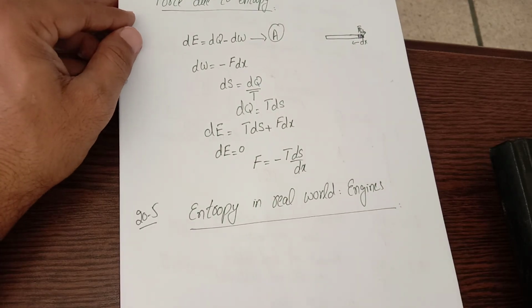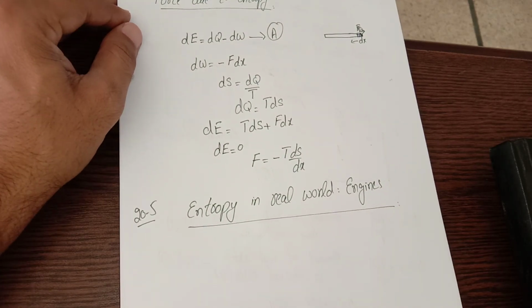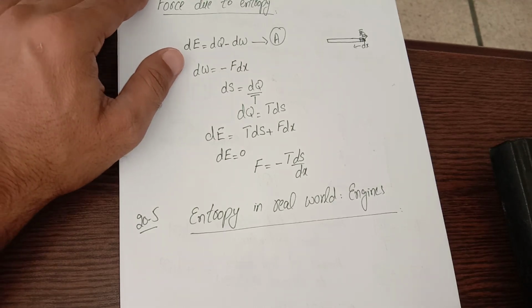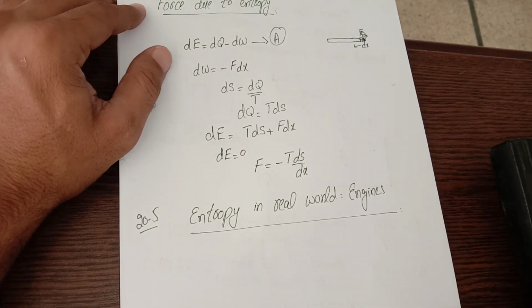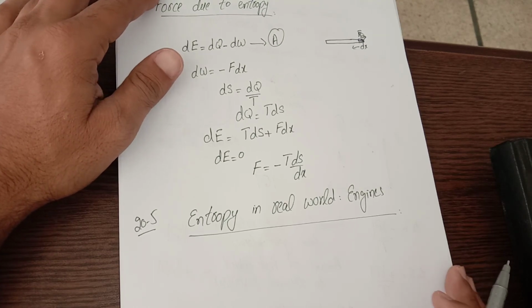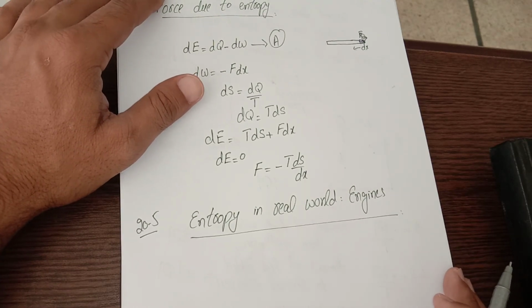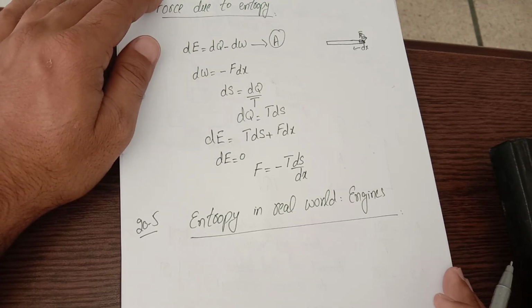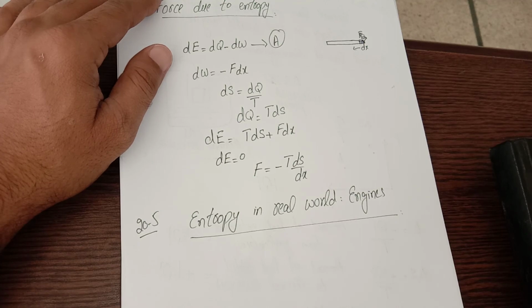The engines take heat energy from a high temperature reservoir and make use of this energy with the help of a working substance, and some of the energy is released to the low temperature reservoir. Working substance is different in different engines.